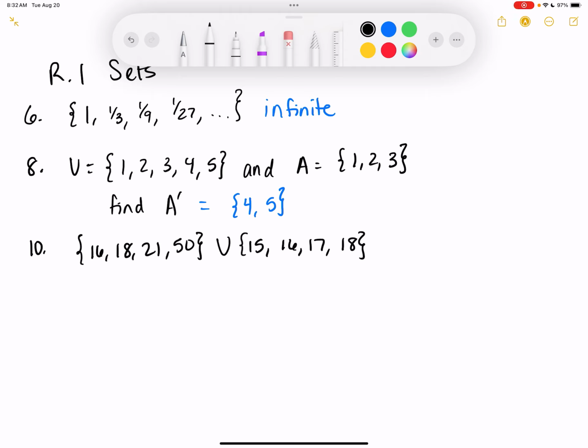But if there's anything that's repeated, we don't write it twice. We only write it once. So this one would be the set 15, and we always want to write them in number order. 16's in both and 18's in both, but we only write it once. So 15, 16, 17, 18, and then over here 21 and 50. I want to make sure we have everything written down for those. And again, we don't write repeats twice.